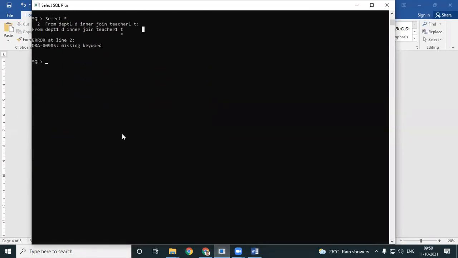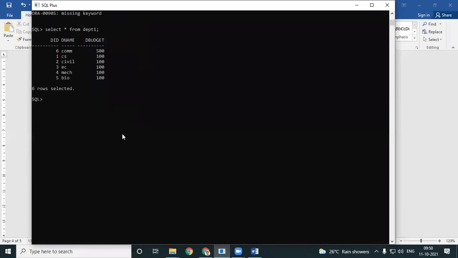So, I've got two tables over here. Select star from DEPT1, and I have another table. Select star from teacher 1.